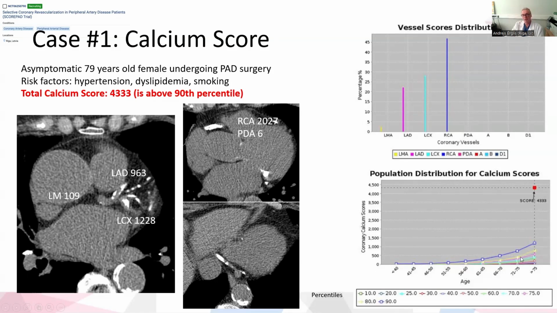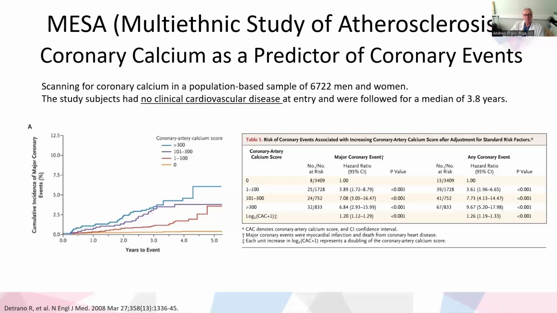If you look here, you see that at every age there is some level of calcium score which we understand is riskier than a lower calcium score. In this particular case, the lady is 79 years old and has a very, very high calcium score.